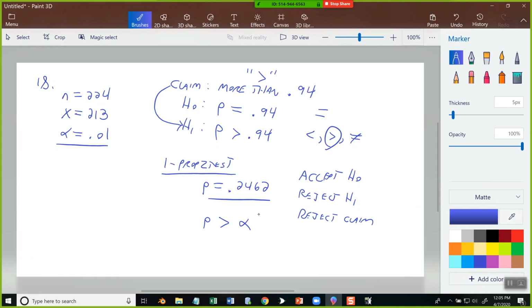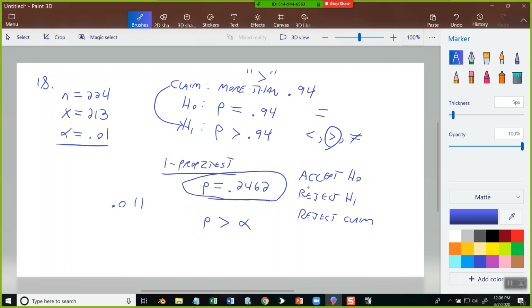This p-value, I don't have a slide on it, but let me just talk about it. Why people like this even better is because it gives them a level of significance. If it's really close to 0.01, like if I had come up with 0.011, just a little bit greater than alpha, then that means this study could have gone either way.